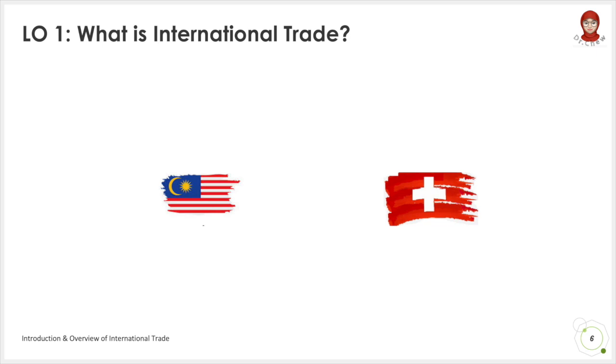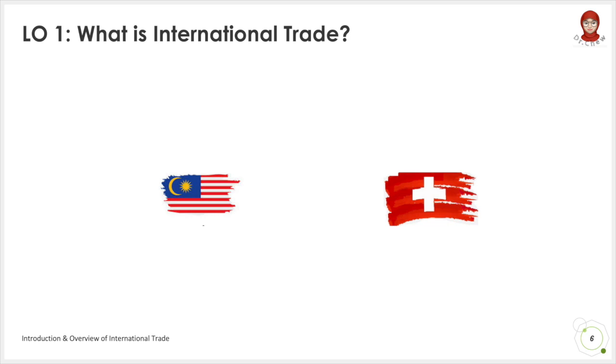Here, a simple example of how international trade works between two countries. A very simple one, Malaysia and Switzerland. Malaysia is commonly known as a country rich in natural resources such as cocoa bean, palm oil, rubber, and many more.